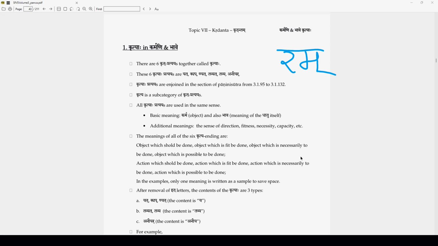Now we are going to start with the first set of krit pratyayas in our study.